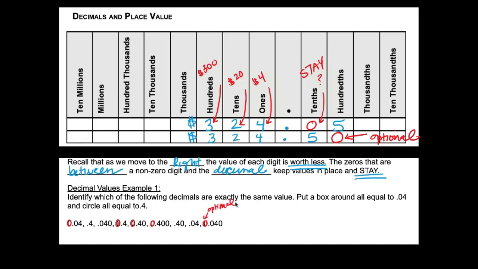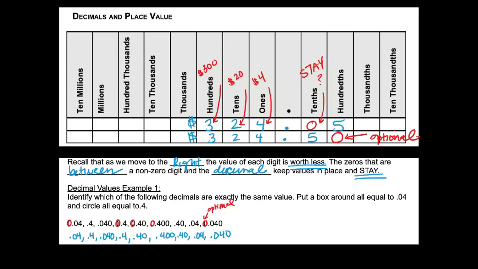Since those are optional, I'm just going to rewrite these numbers without that optional zero. So 0.04, and I'll write the other ones down too. I'm copying these numbers down again, only I'm eliminating that unnecessary zero. Now that I've done that, let's look at all of these numbers and notice some of them have a zero between the decimal and the digit 4, and some of them don't.